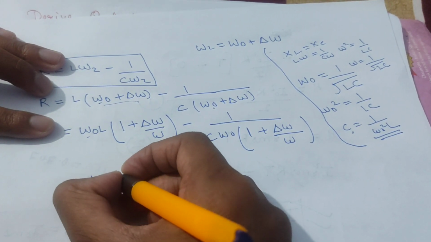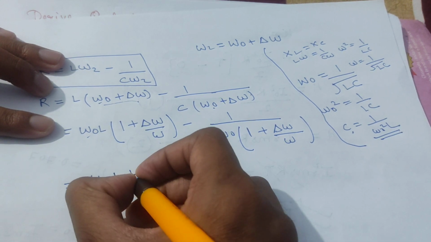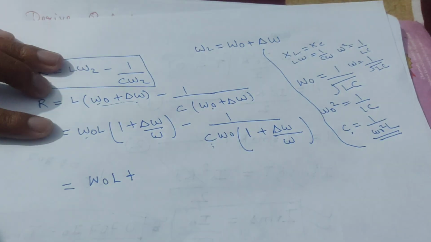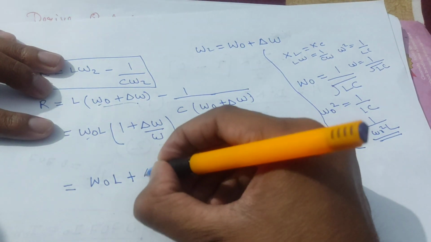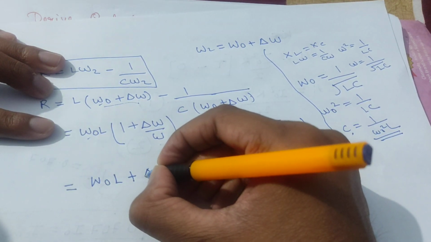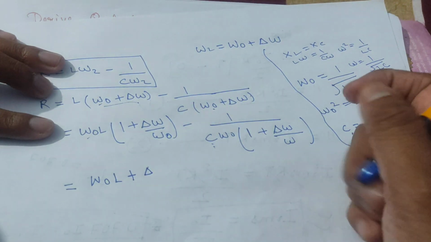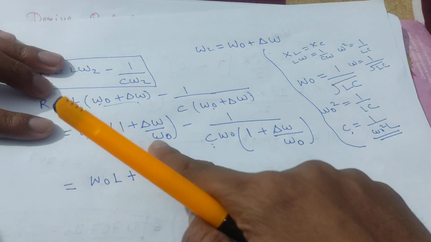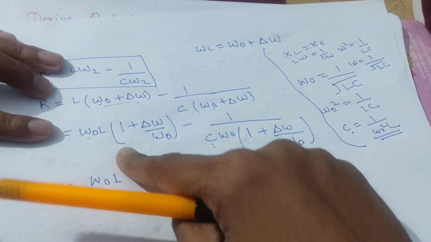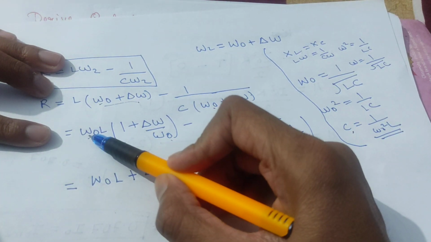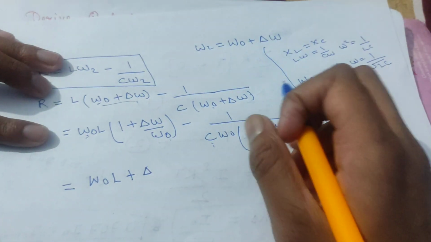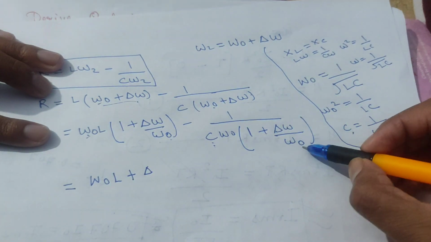So taking the multiplication, now multiply. Here will be the omega naught, okay. I had mistaken again, so here will be the omega naught, because we are taking omega naught out as a constant, okay.